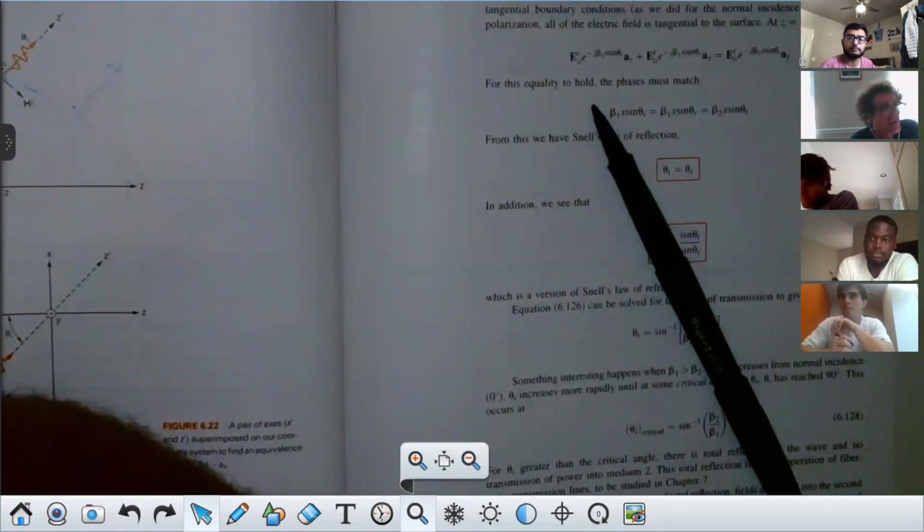The argument of the exponentials on each one of these things has to be the same, or else the equation would fall apart. And so with that, you can equate beta 1 x sine theta incident to beta 1 x sine theta reflected to beta 2 x sine theta transmitted. And what that says is the reflected and the incident angle must be the same.